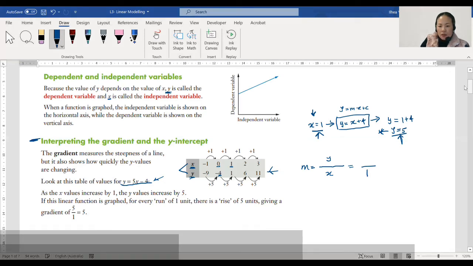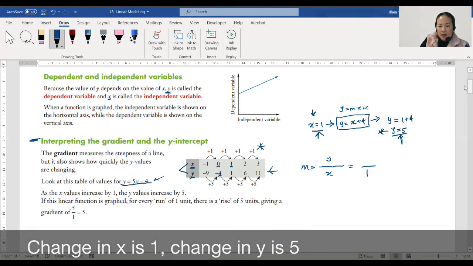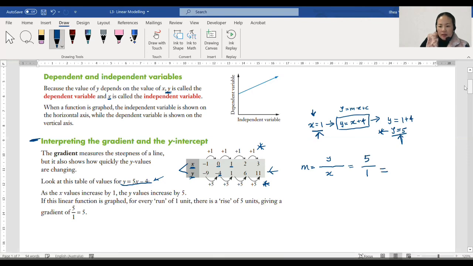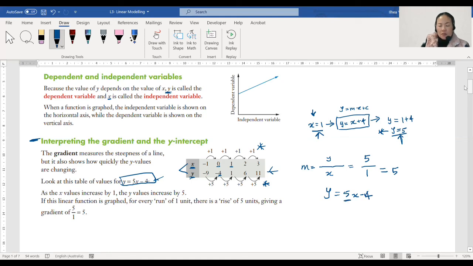That's what it's going up by, 1. And if I look at here, y value is going up by 5. So I'm going to put a 5 there. So my gradient is 5. And that is true for this equation, right? Because it says y equals 5x minus 4. So that 5 here is my gradient. Remember, y equals mx plus c, and 5 is my gradient.